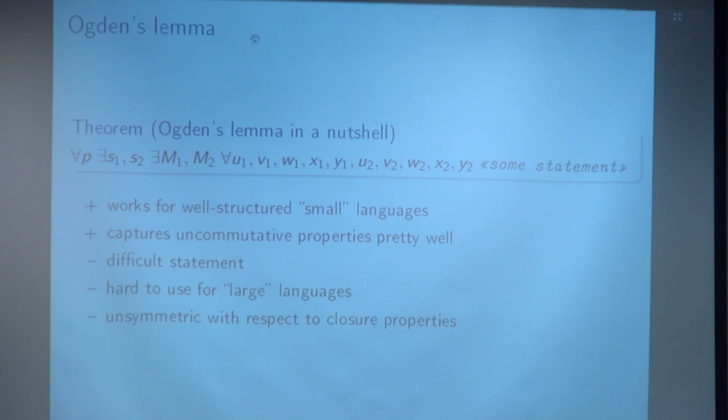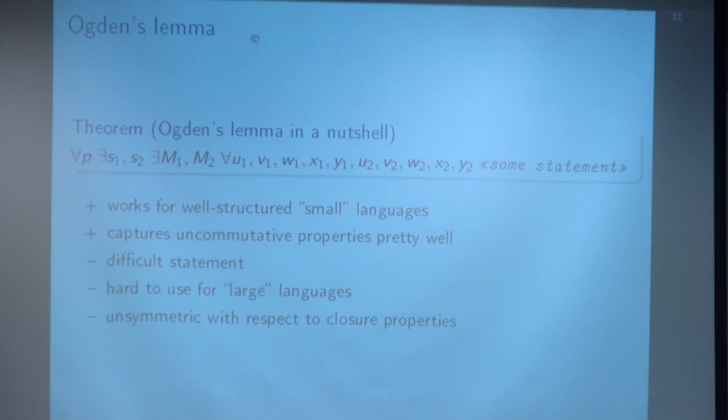Okay, this is Ogden's lemma. It's pretty good. It works well, but it looks like this. Honestly, I have a really hard time comprehending statements with 4 nested quantifiers over 15 variables, and it really has some limitations. It works for well-structured small languages pretty well.